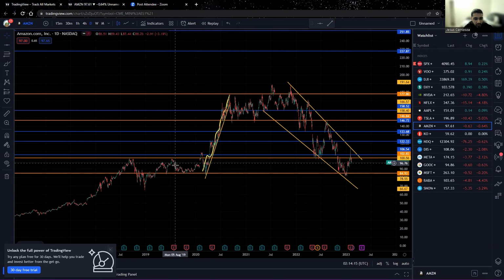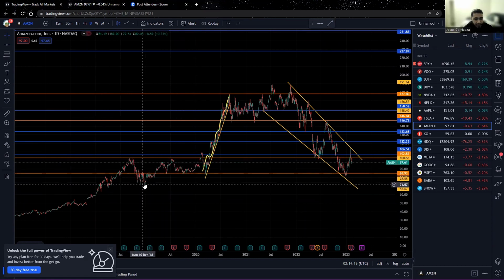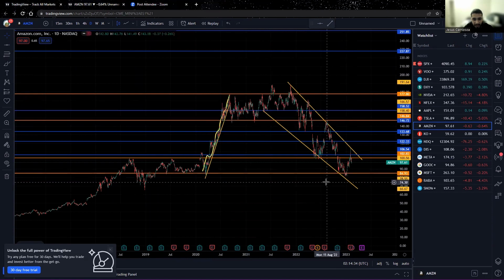We got this violent move up, violent move down. We came back up, and now we just consolidated. Once we broke out of this consolidation, it took off crazy, consolidated, and now we came back down crazy.